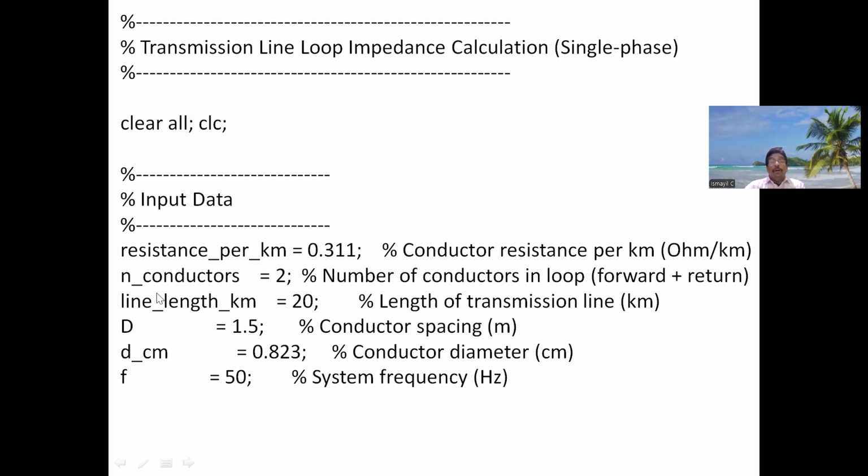Now I am using n_conductors. Totally we have two conductors, it's a single phase line, so I am storing 2 in the variable n_conductors.